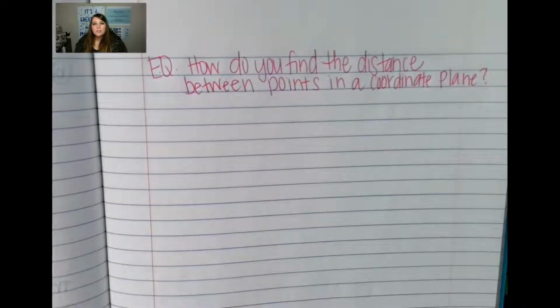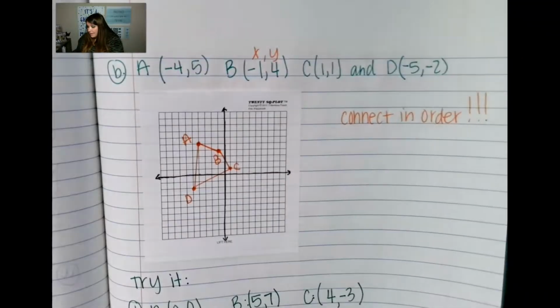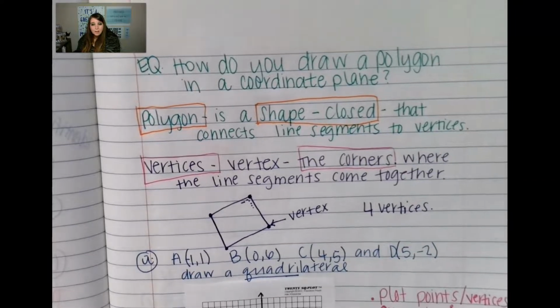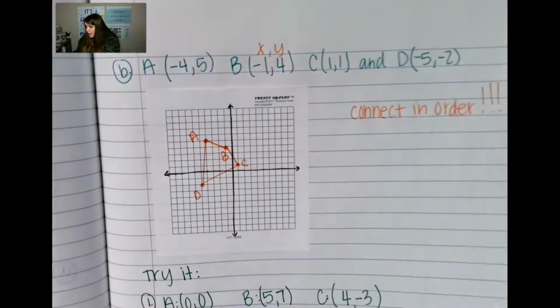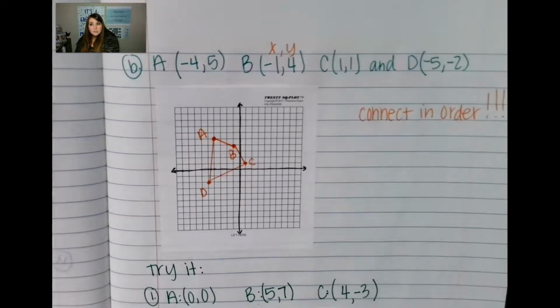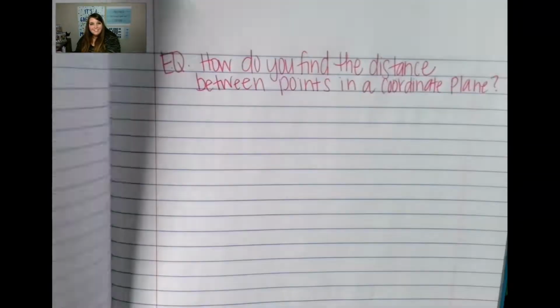And today we are going to be looking at how to find distances between points in a coordinate plane. Yesterday we looked at how to plot polygons and how to connect the dots once you had your points plotted in the coordinate plane.